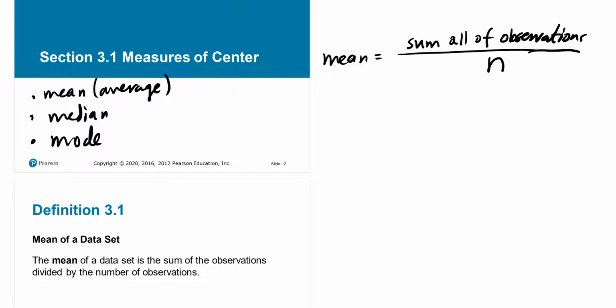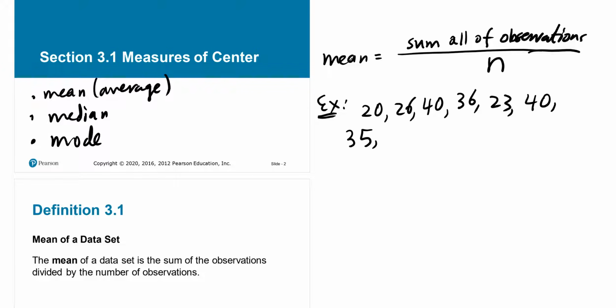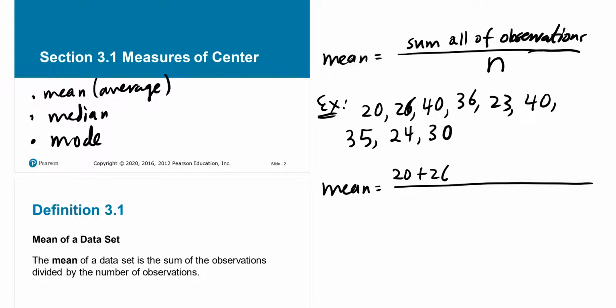So for example, if we have data with entries 20, 26, 40, 36, 23, 40, 35, 24, and 30, and we need to find the mean, all you have to do is add these numbers up: 20 plus 26 plus 40 plus 36 plus 23 plus 40 plus 35 plus 24 plus 30, divided by 1, 2, 3, 4, 5, 6, 7, 8, 9 of them.